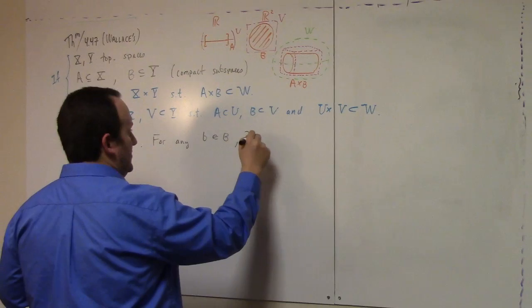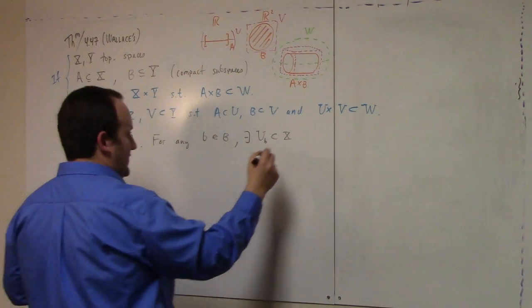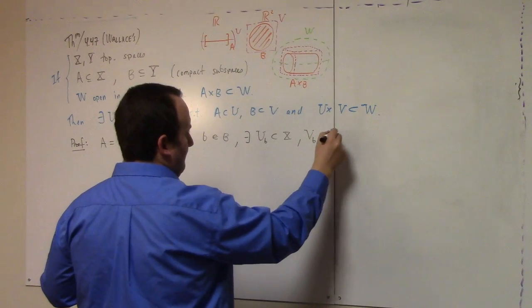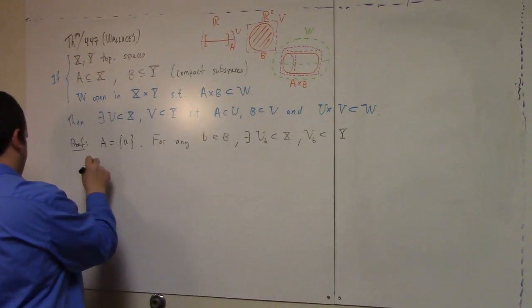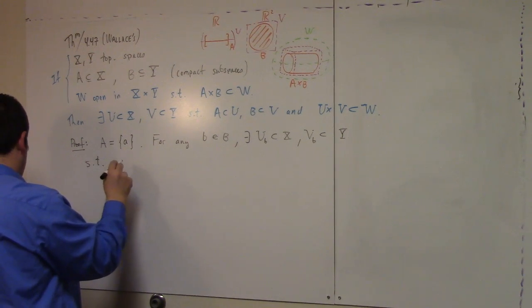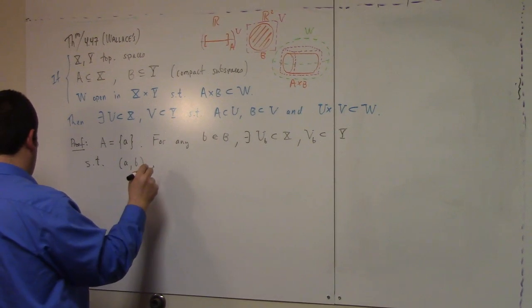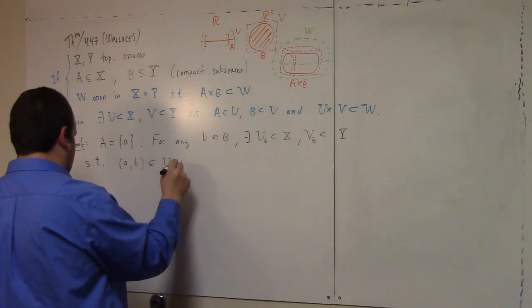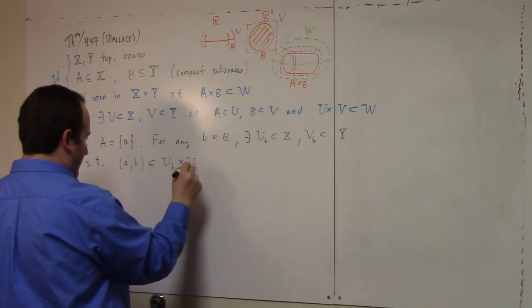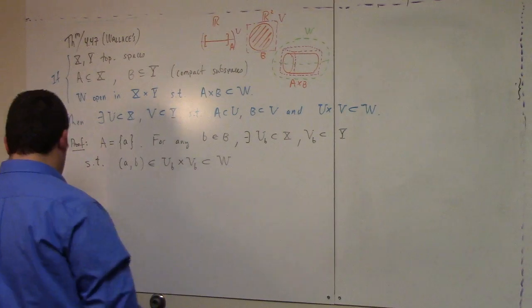He calls them U_b, a subset of X, and V_b, a subset of Y, such that the pair (a, b) is an element of U_b cross V_b, a subset of W.